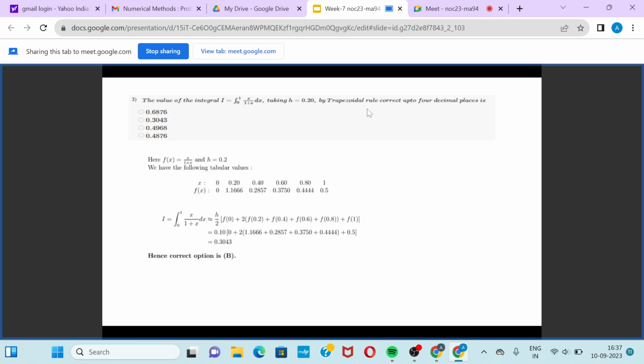First we will calculate h. It's given 0.2. Then just apply the trapezoidal rule. For that, calculate the table. Then it's easy. You just substitute h by 2 times f of 0 plus twice the middle terms, the f of x values at the middle nodes, and then plus f of 1. Just substitute all the values and you will get the integral value. Fine.